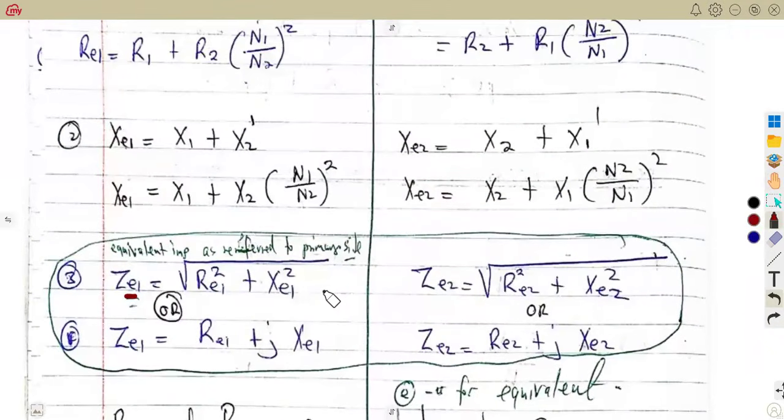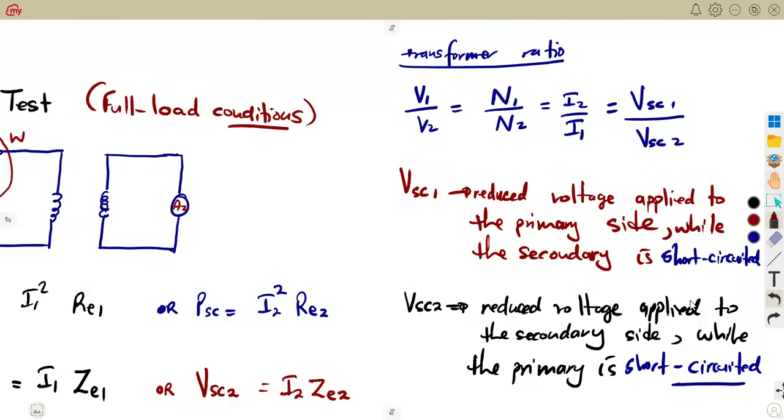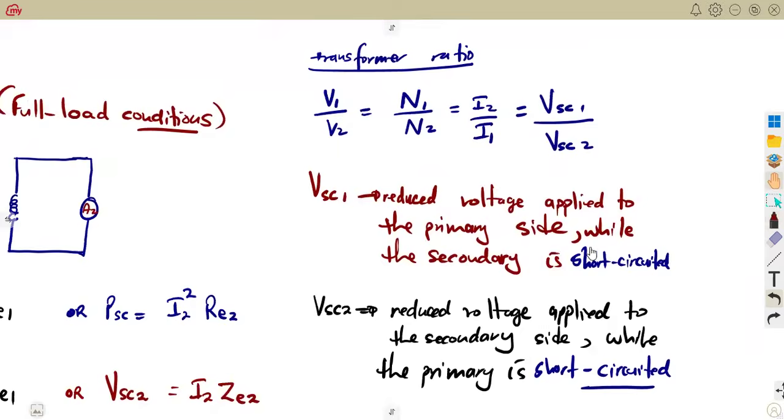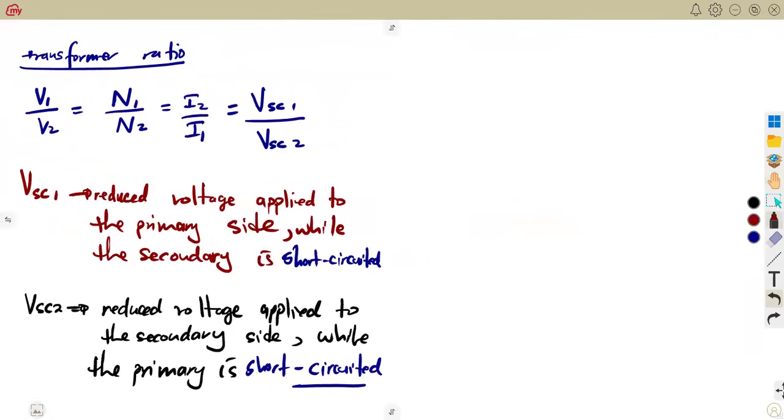Let us manipulate and make XE the subject, because in our calculations we are going to need this. Also, as a remembrance, you're supposed to remember this part because it is going to help us. Before, you had to calculate the equivalent impedance as the square root of RE1 squared plus XE1 squared.